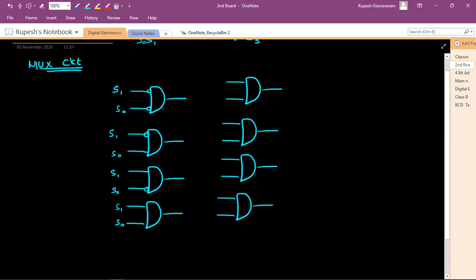And let us arrange I0 here. This is I0, this is I1, this is I2, and this is I3. And let us connect this to this, this to this, and let us connect the last one.